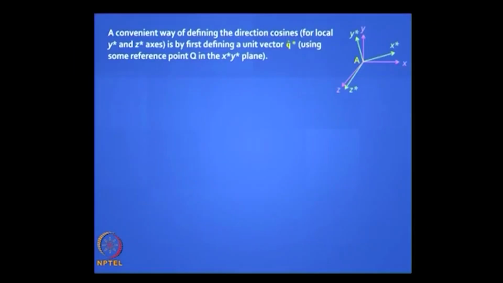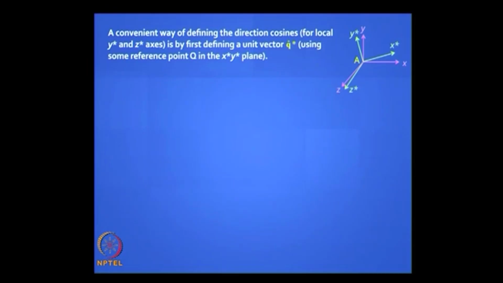It is fascinating if you look at it from a coordinate geometry perspective. There are many ways of doing it, I will show you one simple way. A convenient way of defining the direction cosines for the local y star and z star axes is by first defining a unit vector q star using some reference point q in the x star y star plane.